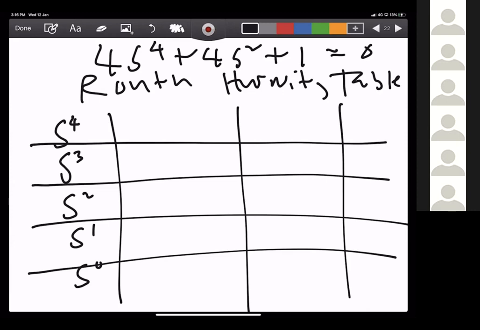Syairah, tolong Jenal. 4, 4, 0. 0 bukan 4. 4 0 4, 0 0, 1 0.